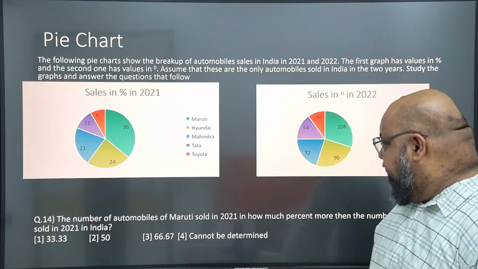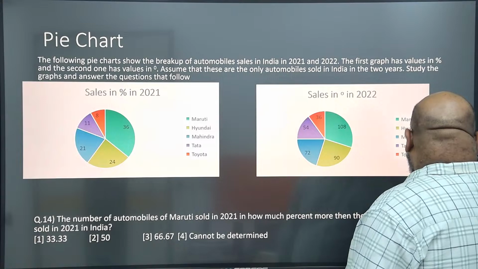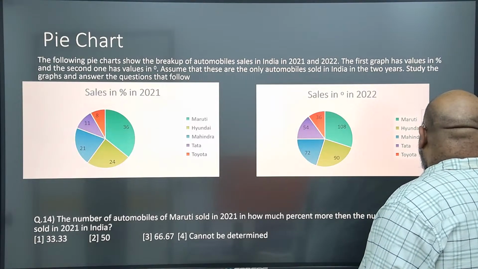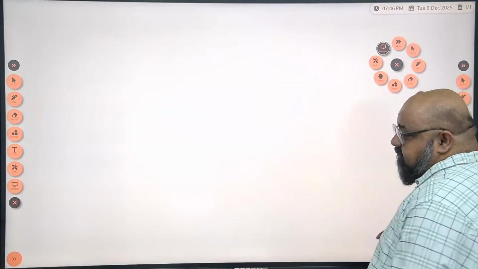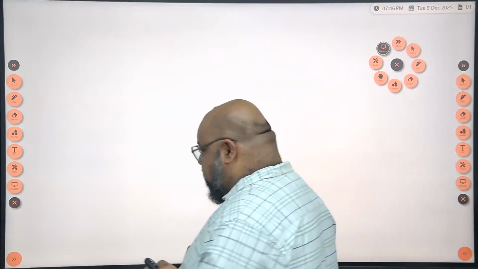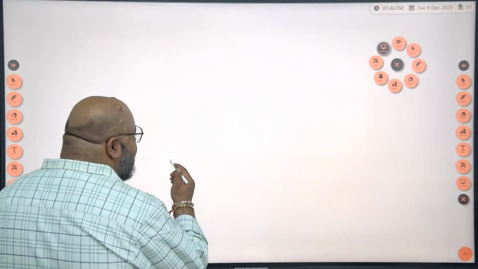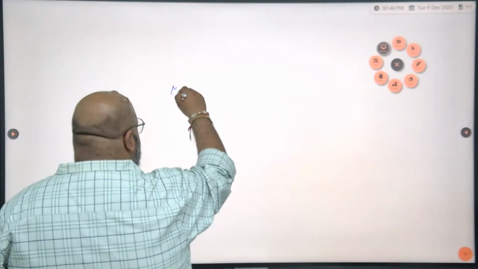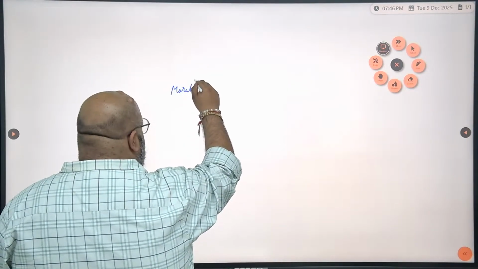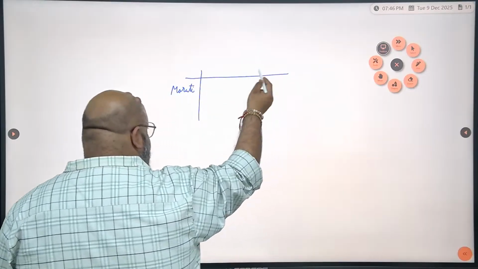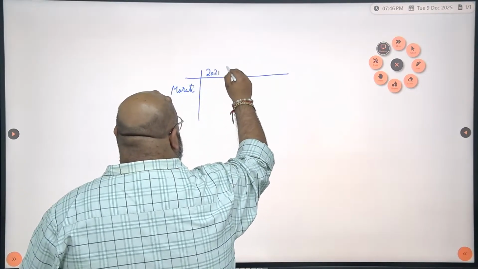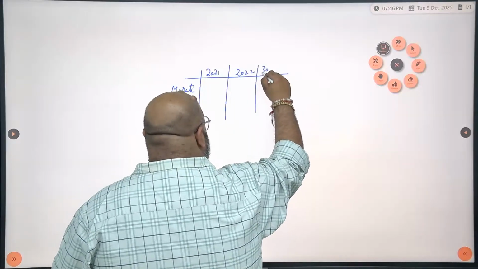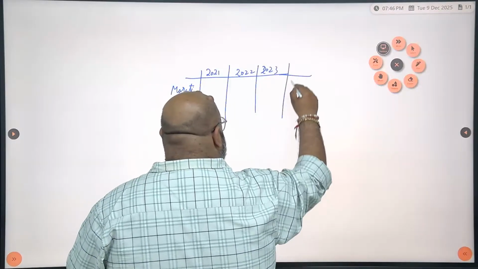For example, suppose just to show you how I write. Suppose if I say Maruti is one company. For that, I have its sales in 21, 22, 23, and 24.